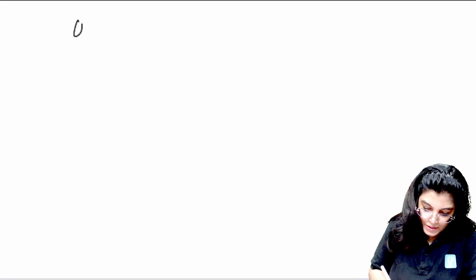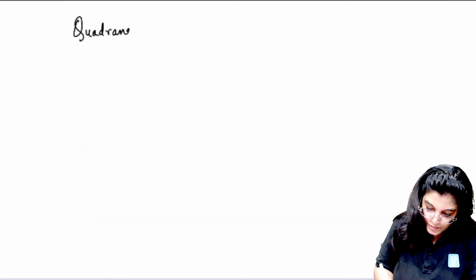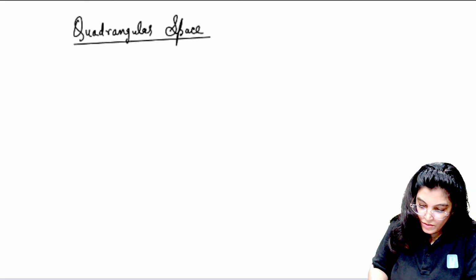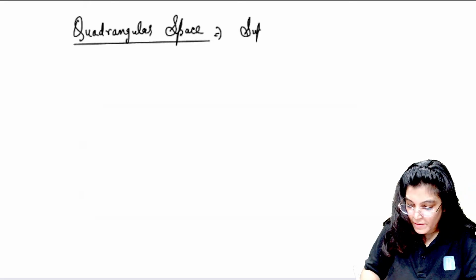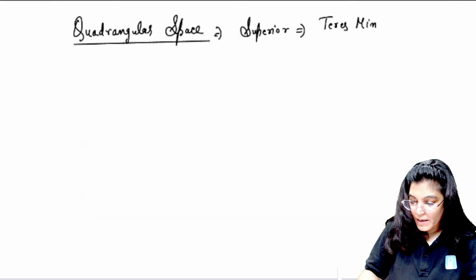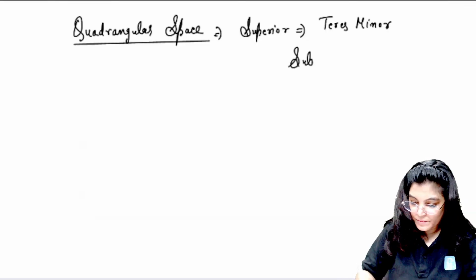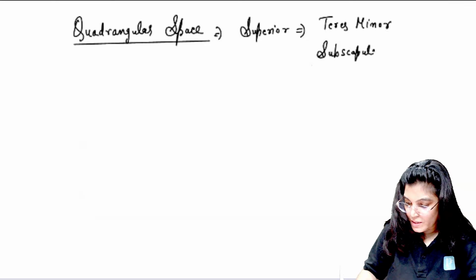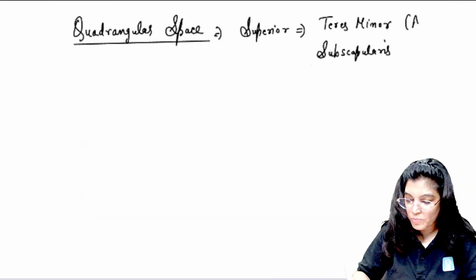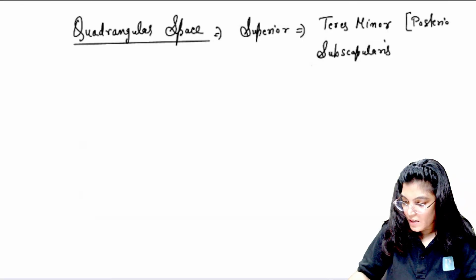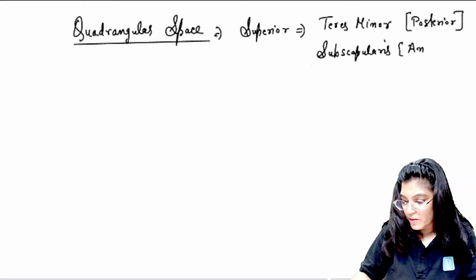Okay. So let's firstly start with the quadrangular space. As I have told you, quadrangular space is bounded superiorly by teres minor muscle and by subscapularis muscle. Now, my dear students, teres minor muscle will be lying posteriorly, and subscapularis muscle will be lying on the anterior aspect.